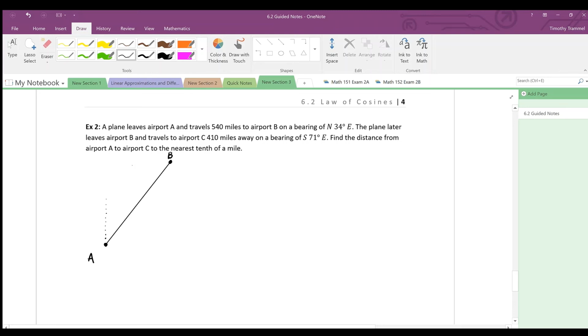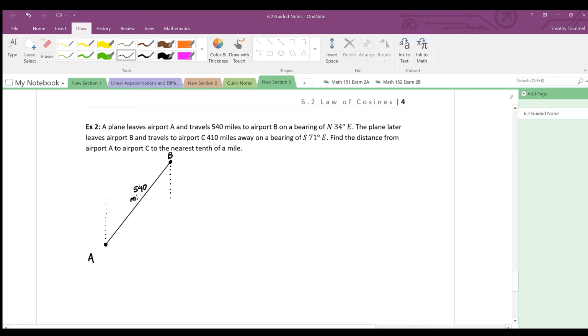Okay. And we were given a distance on the other one too. It was 540 miles. Let me write that a little nicer. 540. Okay. So this next bearing that we're going to take is again from airport B, and we're told that it's south 71 degrees towards the east.